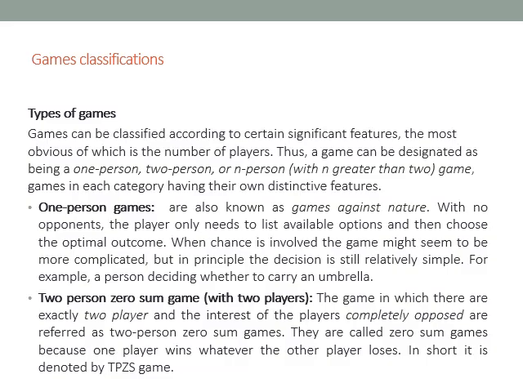When chance is involved, the game might seem more complicated, but in principle the decision is still relatively simple. For example, a person deciding whether to carry an umbrella. So this is about the one-person game.